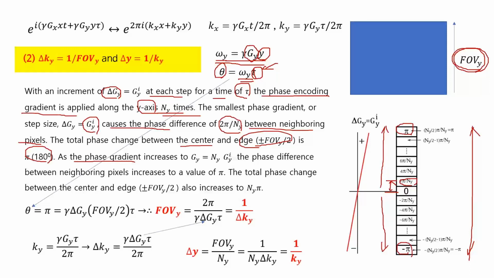As the phase gradient increases, the phase difference between neighboring pixels increases to the value of pi. So this is the last step. In the last step, the phase difference between two neighboring pixels is pi.